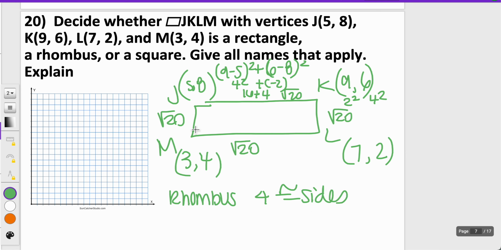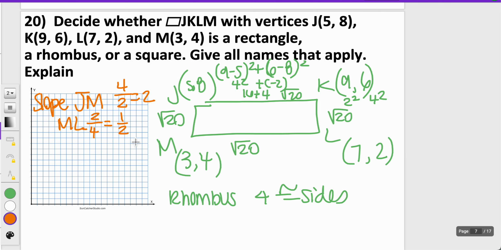But then we want to see what about their angles, so we talk about their slope. So let's look at the slope for JM. JM slope is change in y over change in x. That'd be 8 minus 4 over 5 minus 3, that's 2. Then we do slope of ML. ML would be change in y, 4 minus 2 is 2, 3 minus 7 is 4. That's 1/2.